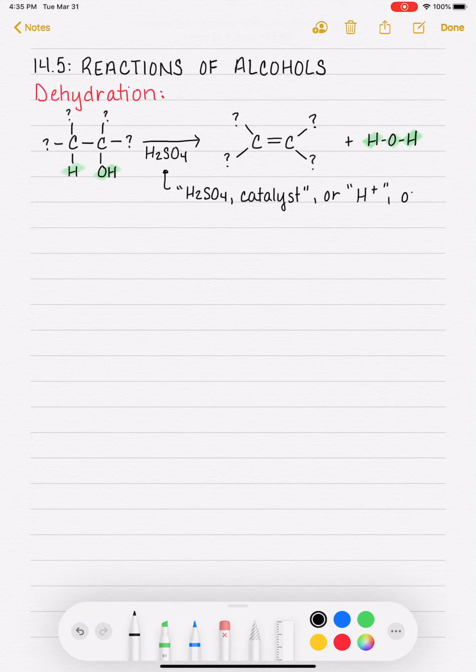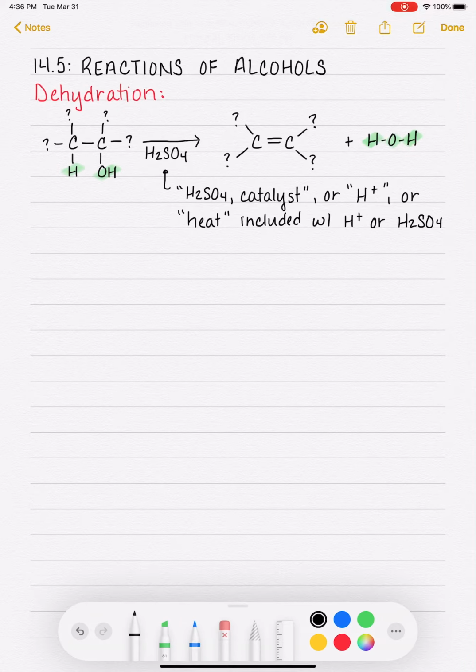And you might see heat included with any of these chemicals, H+ or H2SO4. So you might see heat thrown in there as well. Could be any one of these things.